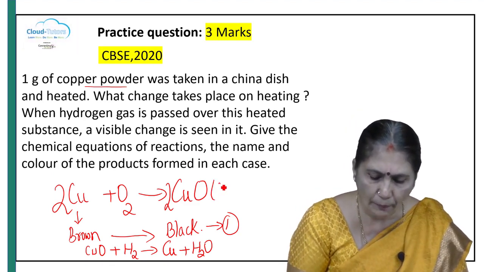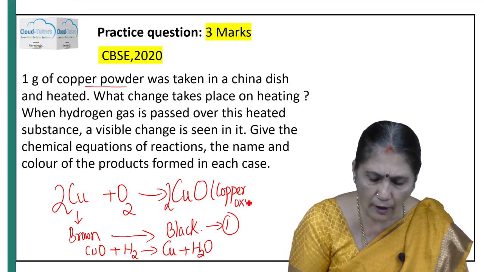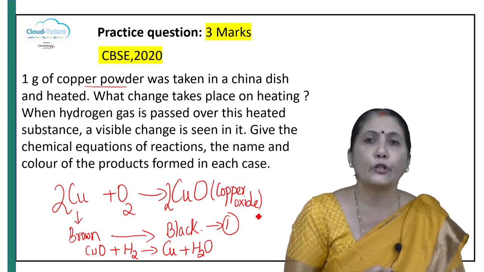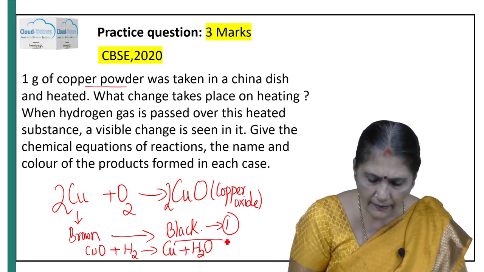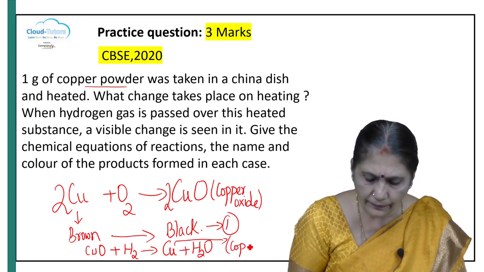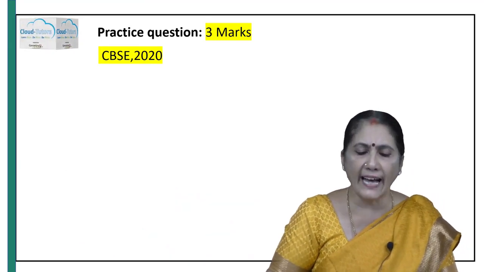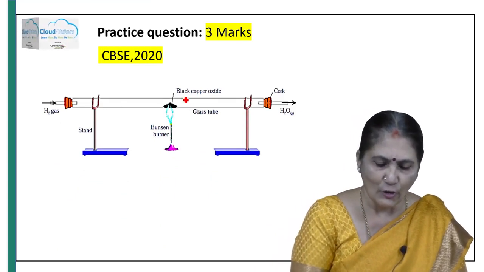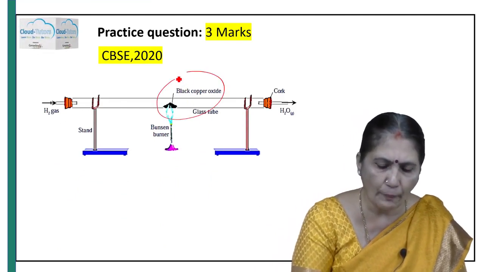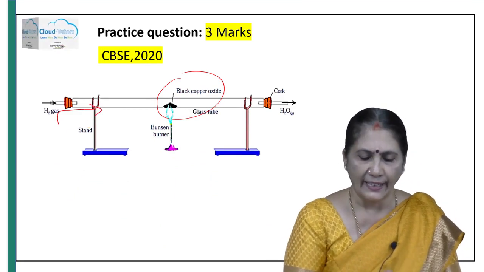This is copper oxide, or I can call it as cupric oxide, whereas this is known as copper. It is an example of a reaction which is known as redox reaction. So you can see here the black color copper oxide is made to come in contact with hydrogen gas.